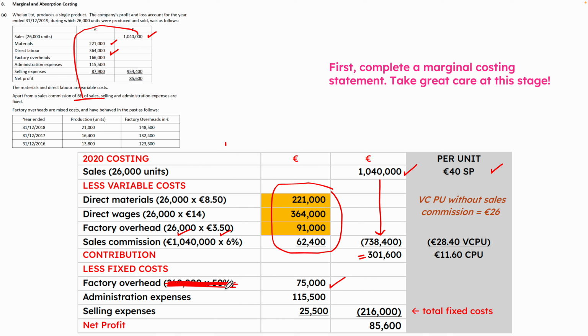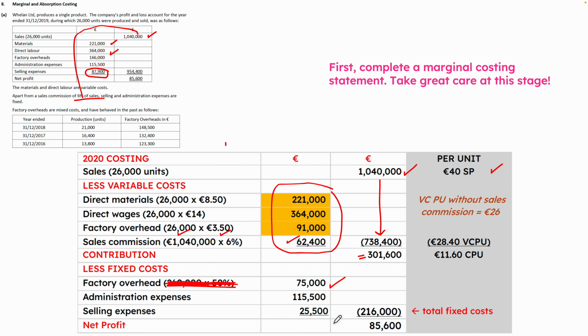So 75,000 is that. The admin expenses is 115,500 and the selling expenses is 25,500. How do we get the 25,500? Well, from the 87,900, we have the sales commission of 62,400. So 87,900 minus the 62,400 is equal to the selling expenses of 25,500.